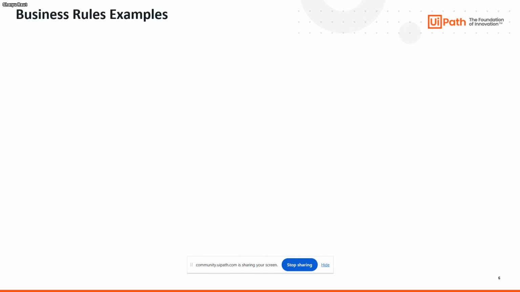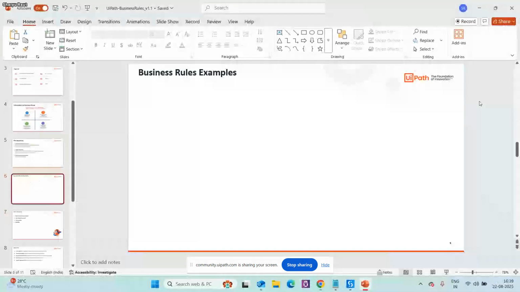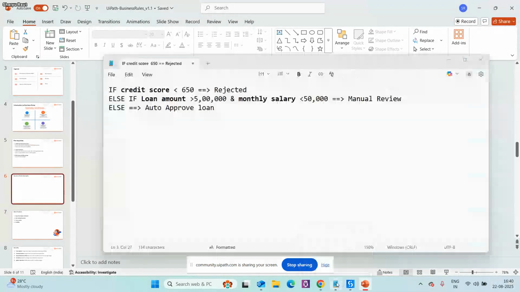So let's talk about an example. Let me explain how we can make this easier with it. Let's say there's a simple use case of a loan approval process. In this process we have three determining factors which decide the loan application status for a particular customer.